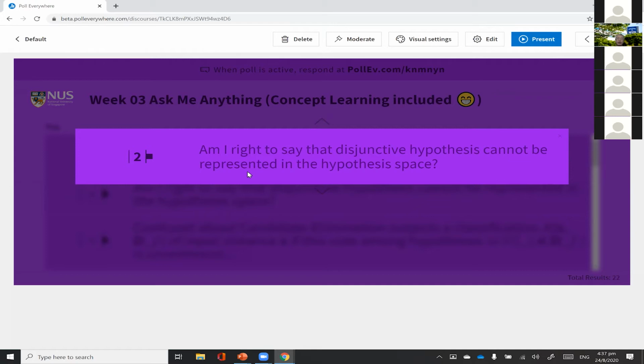Because we took this assumption that our concept is a conjunctive concept, we wouldn't be able to actually learn a disjunctive hypothesis, okay? Unless the disjunctive is only a disjunction of one attribute, then it's the same as a conjunction of one attribute. So yes, this would be the case when we are using a conjunctive learner, okay?